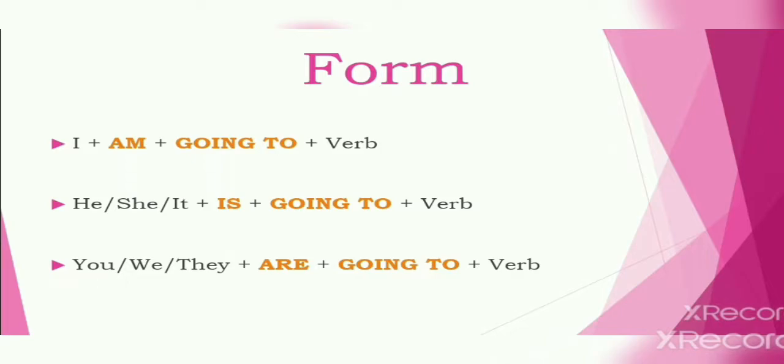You, we, or they plus are plus going to plus verb. For example, I am going to work. He, she, it is going to play. You, we, they are going to do our homework.